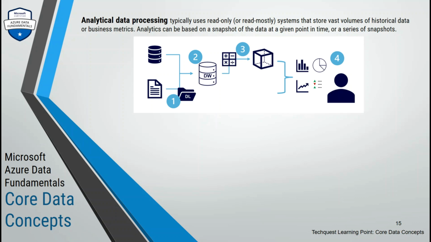For example, sales revenue might be totaled by date, customer, and product. Four: the data in the data lake, data warehouse, and analytical model can be queried to produce reports, visualizations, and dashboards.